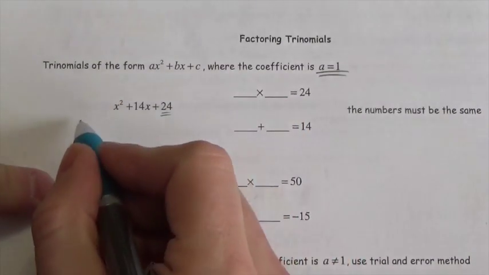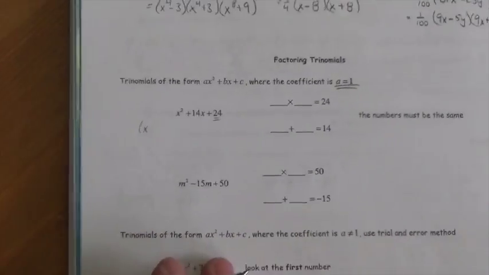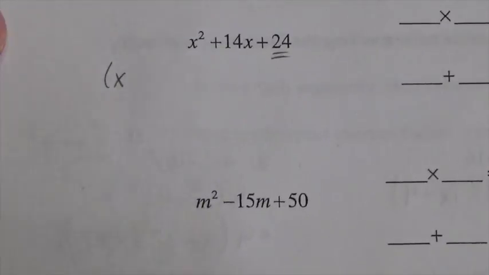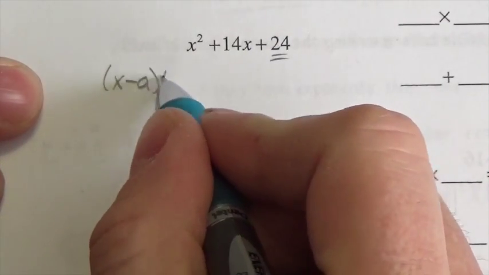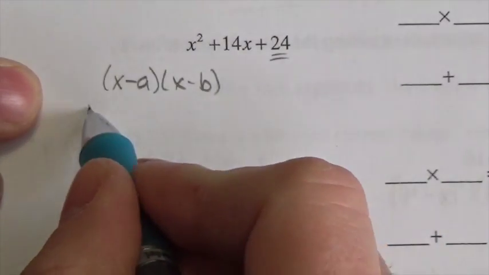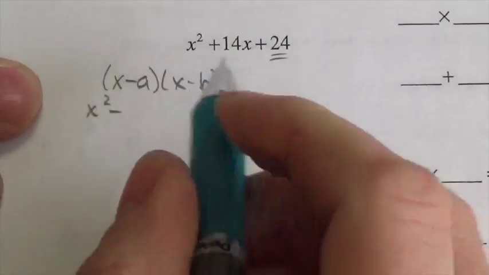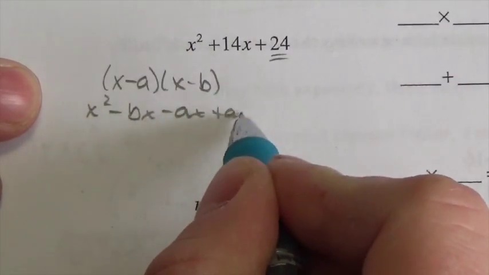Now the reason why that's the case is because if I gave you two binomials to multiply together, let's say x minus a, x minus b, and you multiplied those together, you would get x squared, then negative bx, negative ax, plus ab.